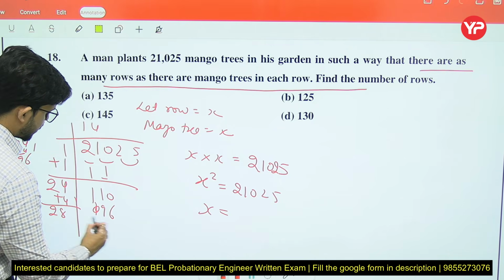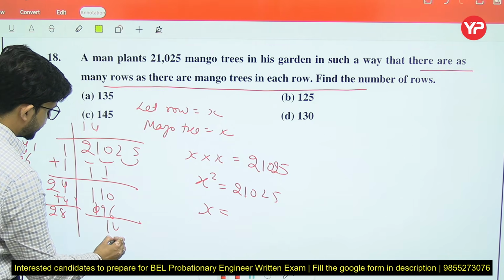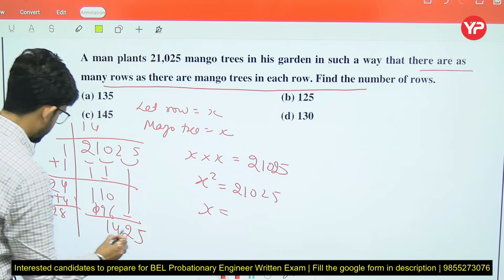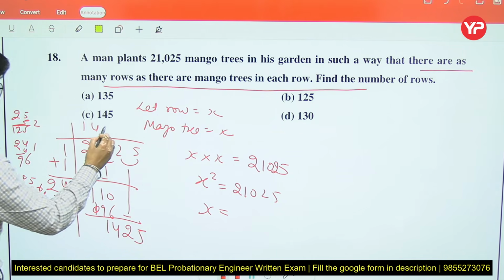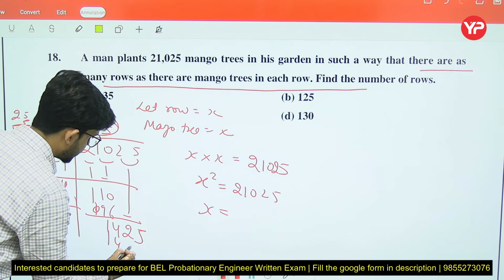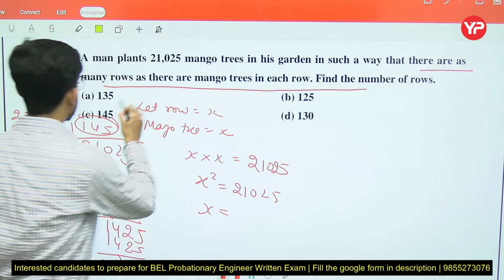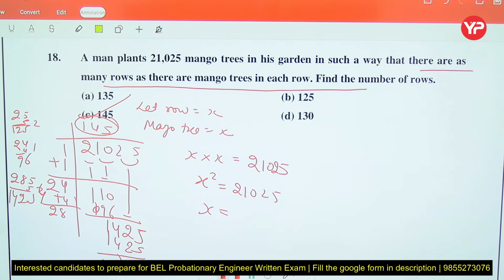So next is 5 5s are 25. Yes, so our answer will be 145. That is the square root.